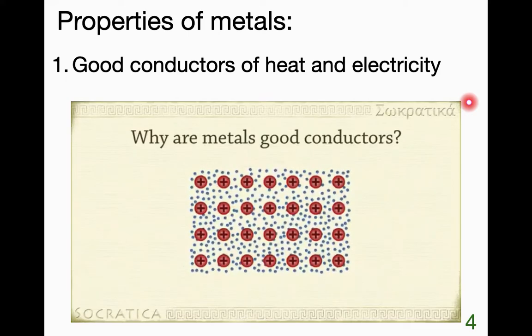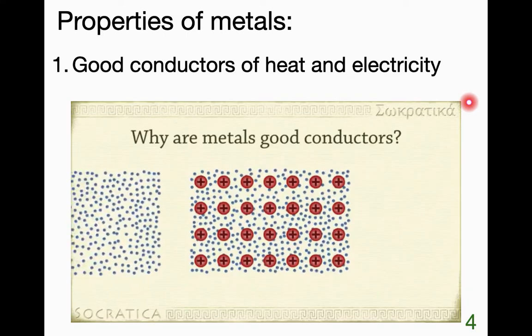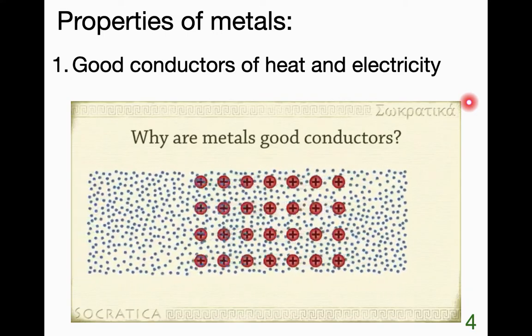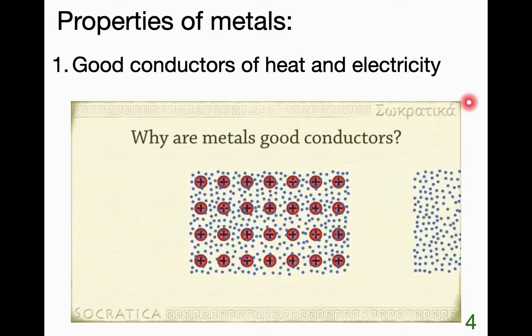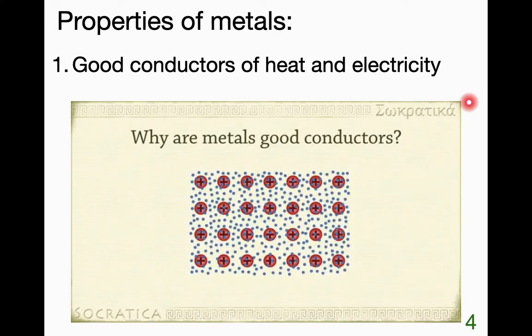When an electric current is applied to a metal, electrons enter from one side, causing repulsion and generating movement within the sea of electrons, and an equal number of electrons exit the metal as the number that entered. And that is what we mean by electricity, the flow of electrons. So the electrons are easily able to flow through a metal.